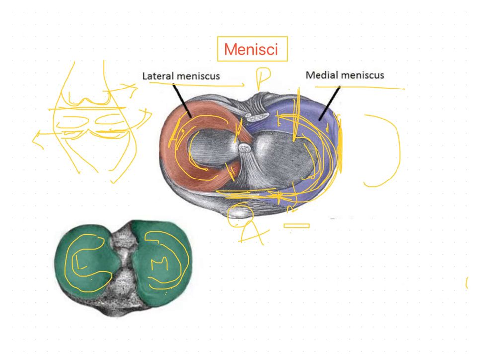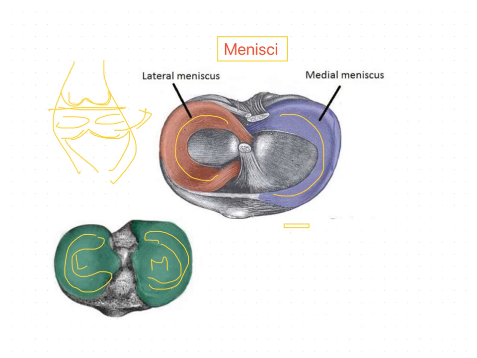Now we'll see the attachments of the lateral meniscus. The lateral meniscus is nearly circular. The posterior end of the meniscus is attached to the medial condyle of the femur through meniscofemoral ligaments. The tendon of the popliteus and the capsule separate the meniscus from the fibular collateral ligament. The more medial part of the tendon of the popliteus is attached to the lateral meniscus.